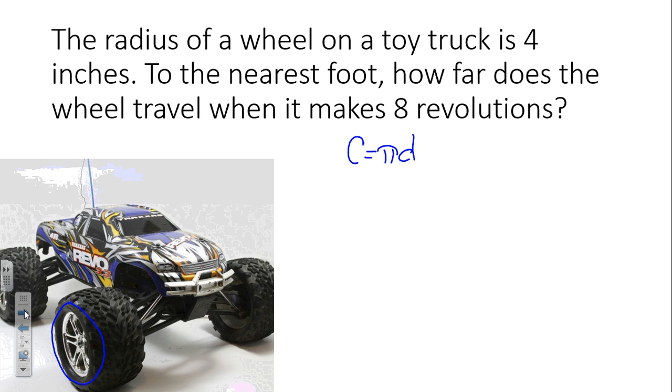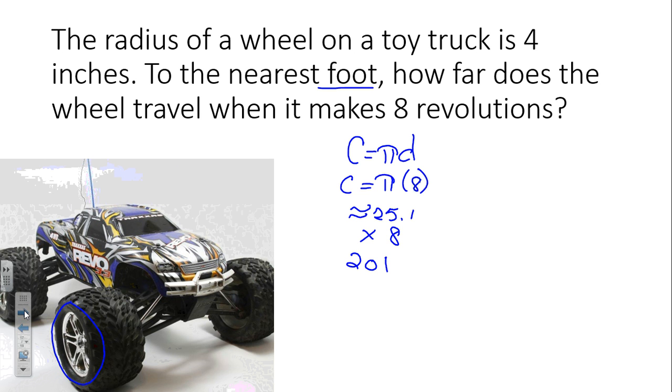And if the radius is 4, then the diameter is 8. So we need pi times 8. So roughly 25.1. That's one rotation times 8. So 201 roughly. And we want to know to the nearest foot, right?